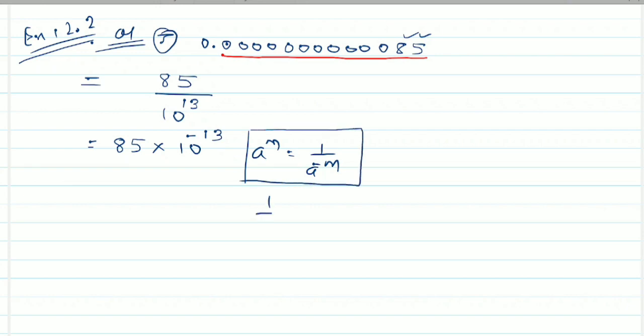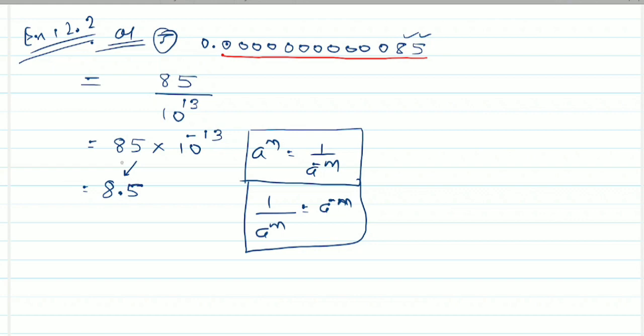Similarly, if any number is in the denominator and we take it in the numerator, the sign of the power is going to change. Simple. So we have used this formula and now we have to write this in standard form. Standard form means giving a decimal point after one digit. This is called standard form.